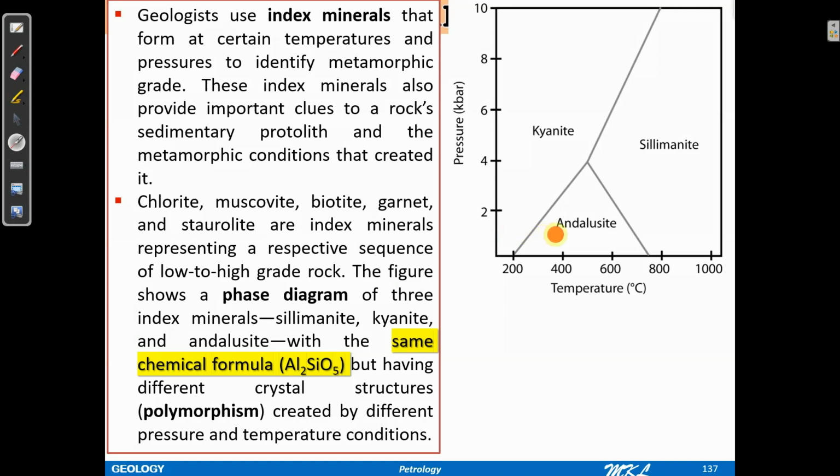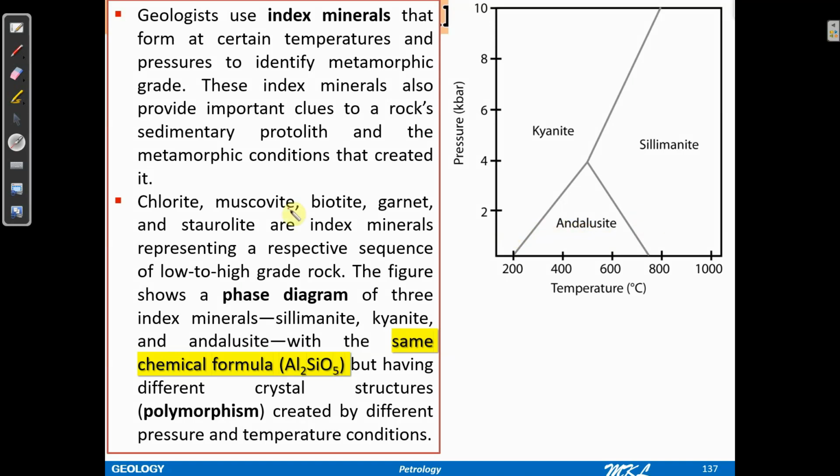What will happen? This kyanite will be transformed into andalusite, and the chemical formula is the same, Al2SiO5. So kyanite will transform into andalusite, and andalusite will be transformed into sillimanite if I increase the temperature. That's the basic.